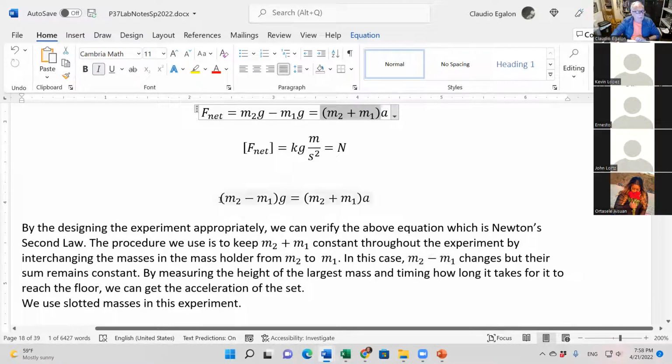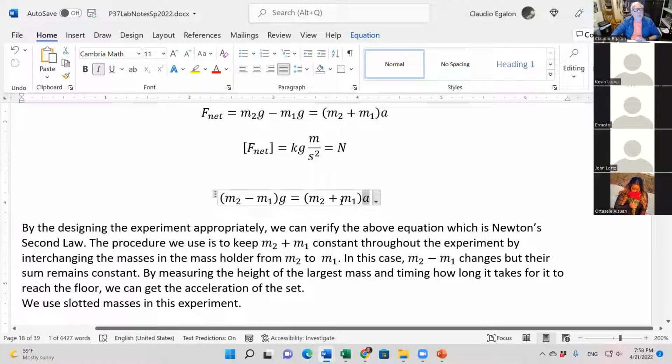What we have here is an equation. The M1 plus M2 remains constant, but not M2 minus M1. You can have the sum remain constant, but the difference change. So if you plot this here in the y-axis and the A in the x-axis using your data, you are supposed to get a straight line.